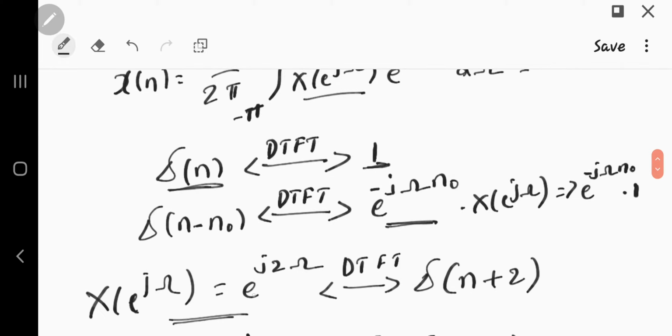So based on that we got our x of e power j omega. Now applying time shifting property, we can write x of n is equal to 1 by 4 delta n plus 2 plus delta n minus 2 plus 2 delta n.